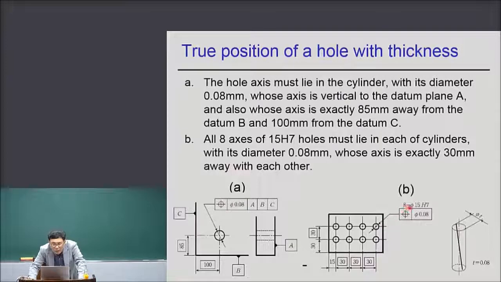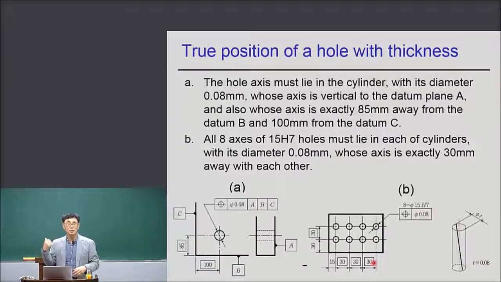So 8 slash means that there are 8 holes. The hole's diameter is 15 H7 and the true position pi 0.08 is defined, right? Okay, so it means that there are 30, 30, 30, 30. The true position with each other is defined like this. Yeah, this is a very, very clear definition compared to the dimensional tolerance.